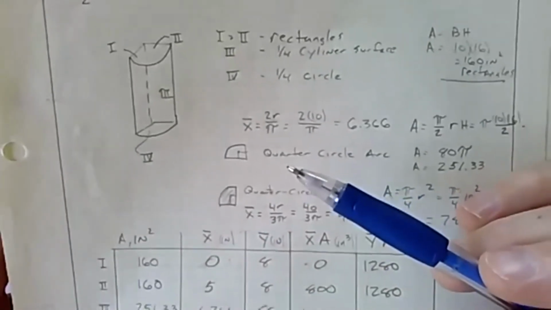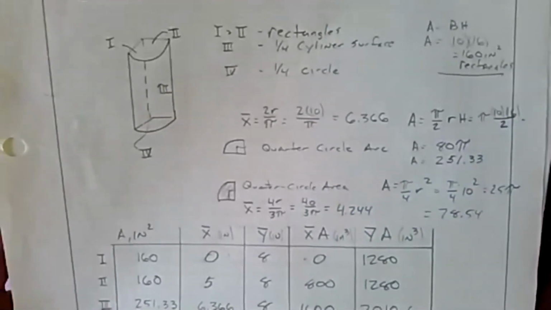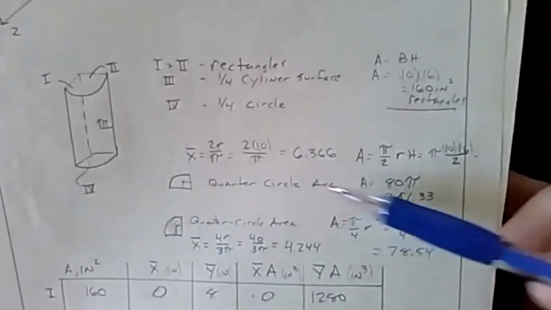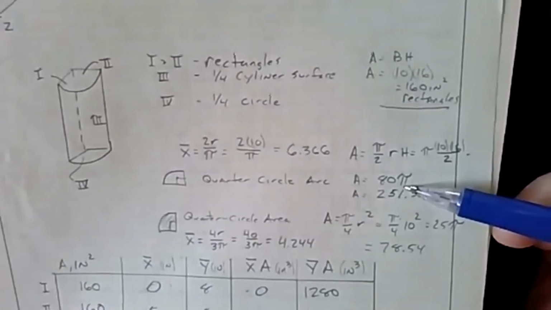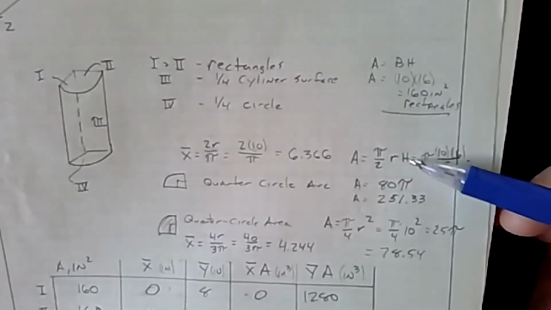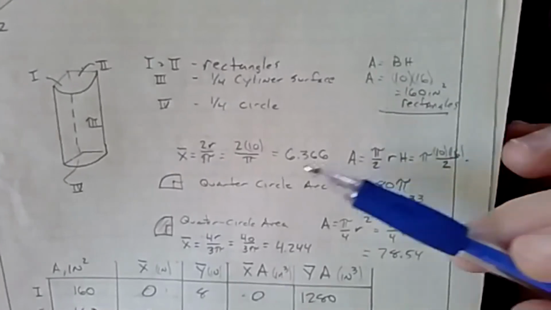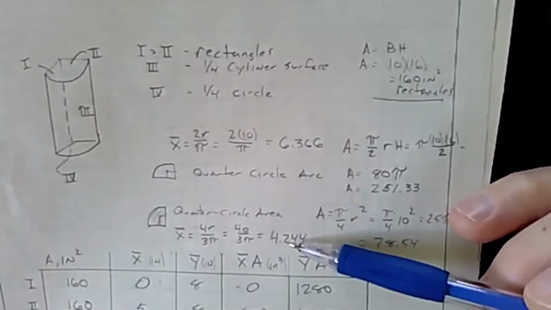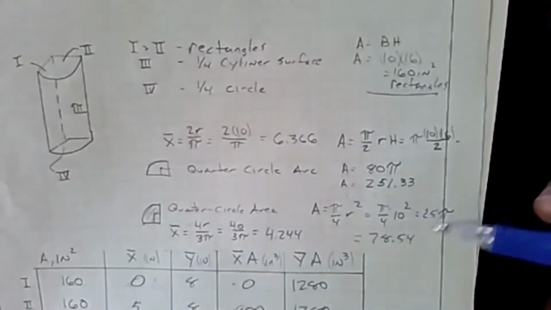And so we know in this case that the radius is 10, right? So because it's 10, we end up with the quarter circle arc. We end up with, where is it? Right here, area for, well, that's actually the center.